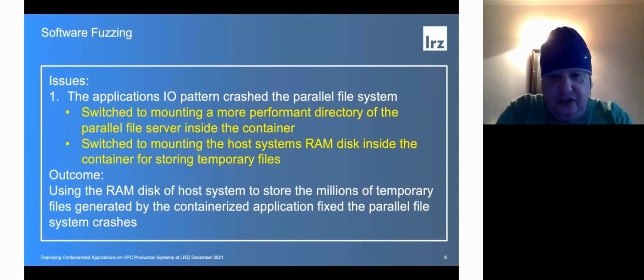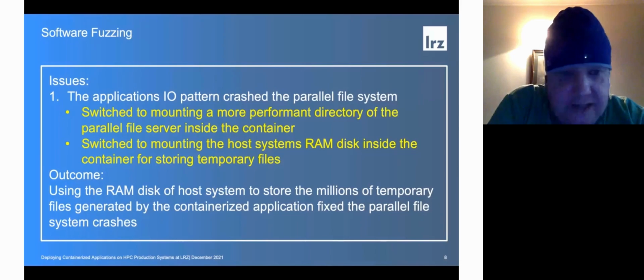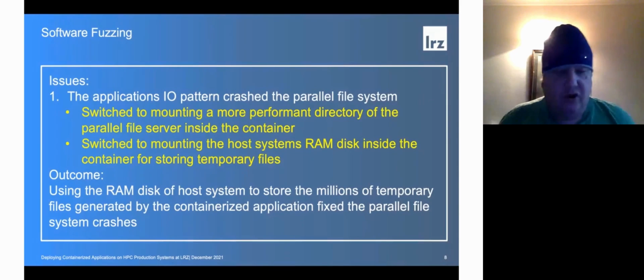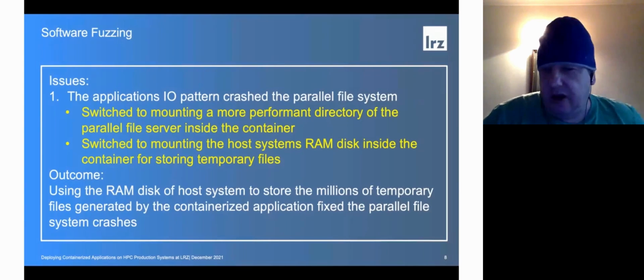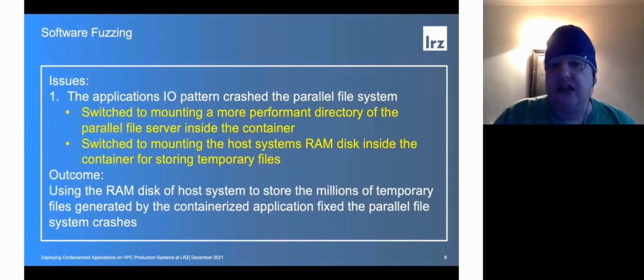So we switched to mounting, for the example we showed earlier with the -B command. And instead of running it from inside the home, we started running from work and scratch, but that really didn't help. So then we contacted the user and said, how much data do you have? And they said, well, they're really tiny files, and we only have a few gigabytes of data.